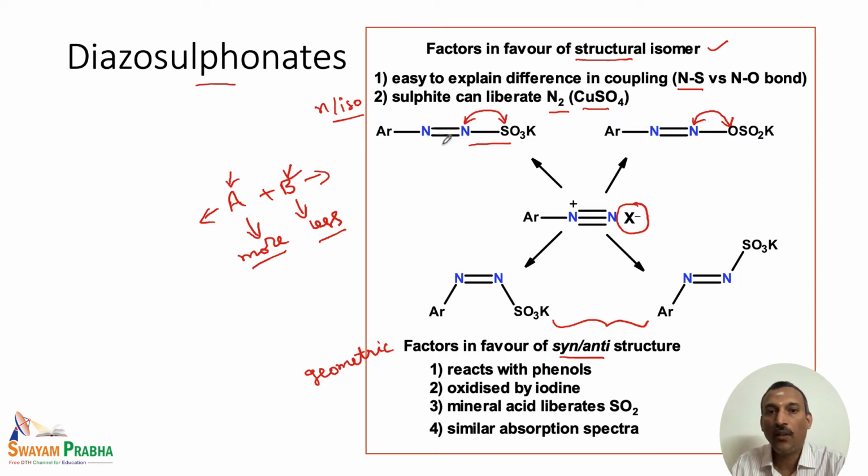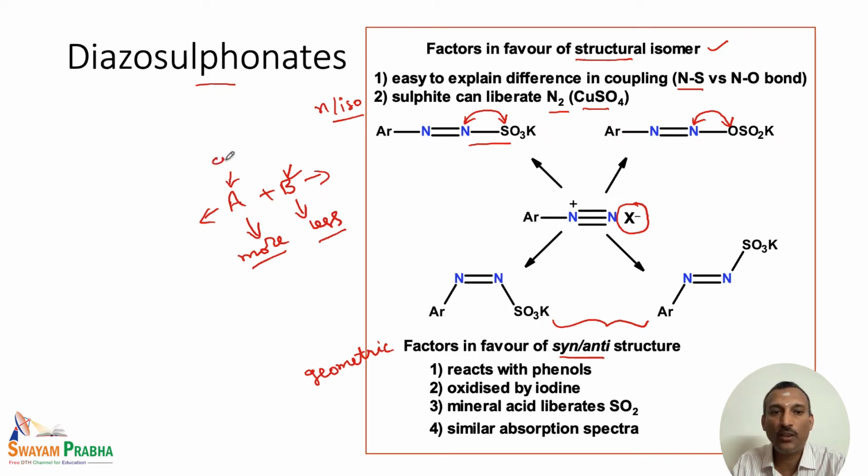If we take the sulfite structure and treat it with copper sulfate, the nitrogen gas is liberated readily. That means this N-S bond is a weak bond, so it is broken very readily, and that is the reason we get nitrogen gas evolution very quickly. So one of the isomers is more reactive.